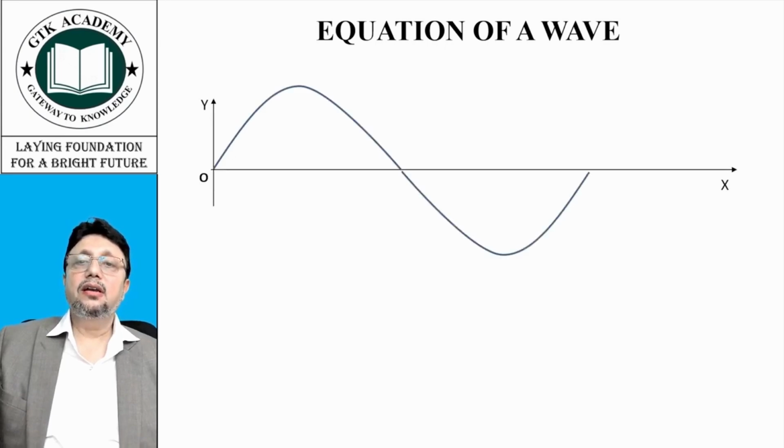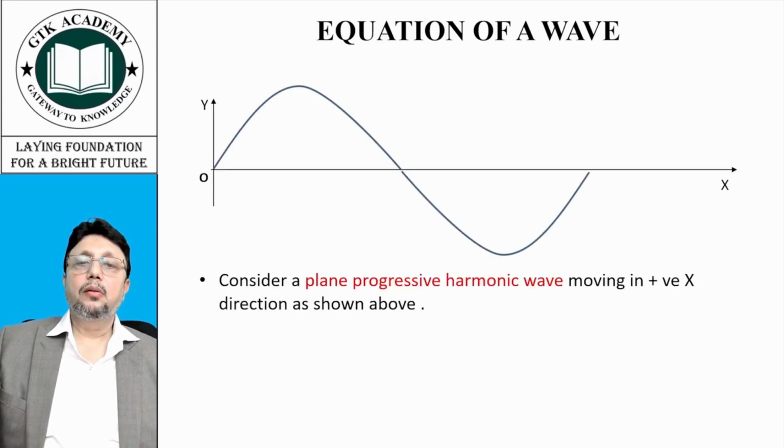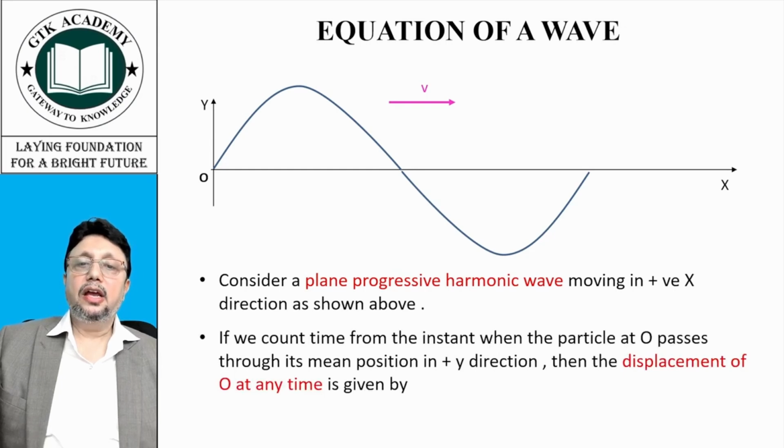Now consider a plane progressive harmonic wave moving in the positive x direction as shown above. If we count the time from the instant the particle at O passes through its mean position, at this time when it passes through its mean position, t is equal to 0, right?